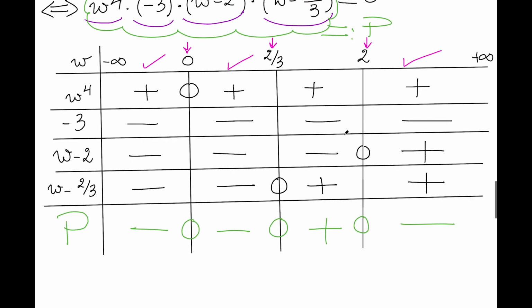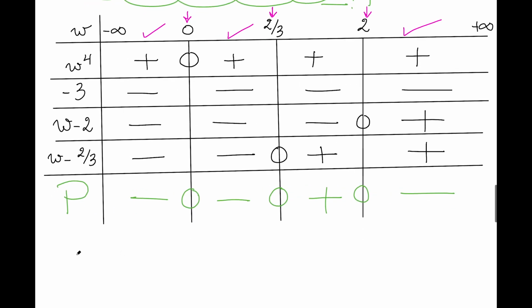So let's write the solution set then. So the solution set is all these numbers between minus infinity and 2 over 3. I mean, if you want to write minus infinity to 0 union 0 to 2 over 3, this is the same thing as saying minus infinity to 2 over 3, because you're not throwing away anything.